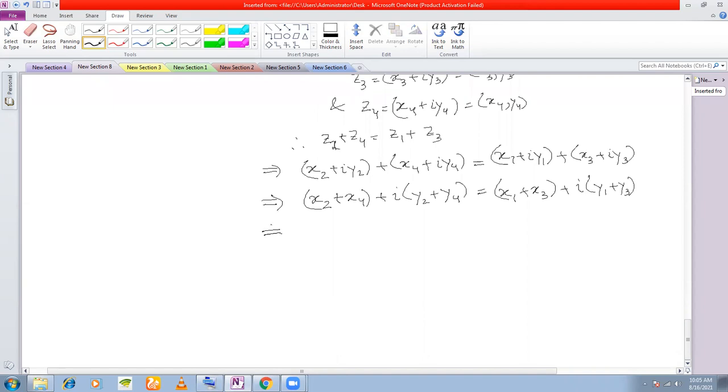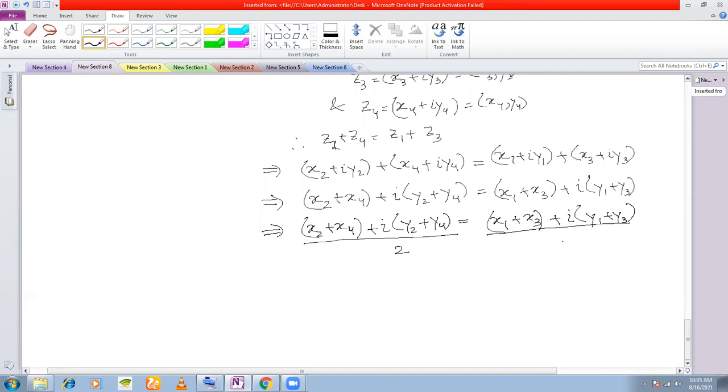Okay, divide both sides by 2. That means you get X2 plus X4 divided by 2 plus I times Y2 plus Y4 divided by 2 equals X1 plus X3 divided by 2 plus I times Y1 plus Y3 divided by 2.